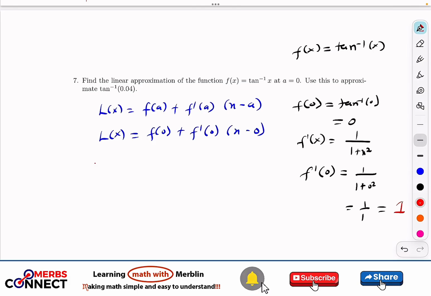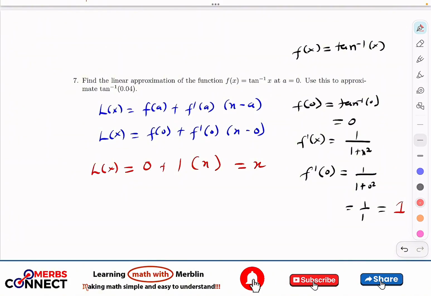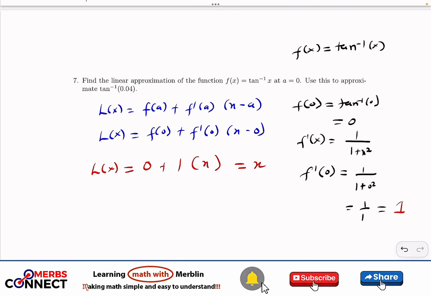So let's now find our linear approximation here. f of 0 is 0. This is 1, x. So this is just x. Now we want to use this to approximate the tan inverse of 0.04.